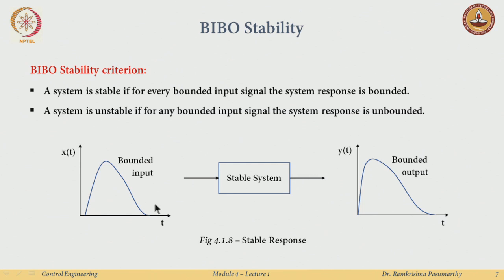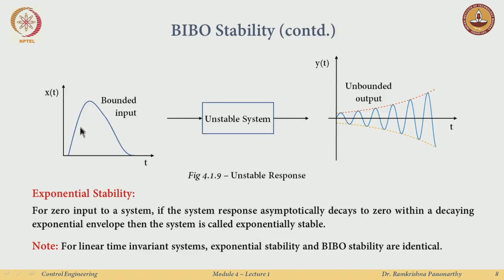There could be say 25 inputs for which the system behaves well, but for the 26th bounded input, if the output goes unbounded, that system I would still call unstable. So a system is unstable if for any bounded input signal the response goes unbounded. This is how it looks: I have a bounded input, I pass it through an unstable system and I get an unbounded response.